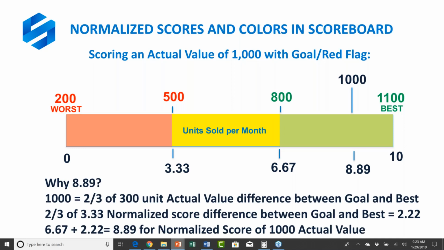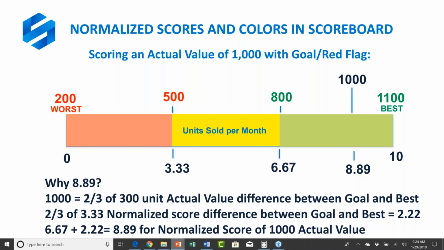The answer is that actual value of 1,000 lands 2/3 of the way through that 300 unit difference between the goal and the best. So because it lands 2/3 of the way through that, 2/3 of 3.33 equals 2.22. And if you add that 2.22 to the 6.67 goal normalized score, you end up with 8.89 for the normalized score for an actual value of 1,000.